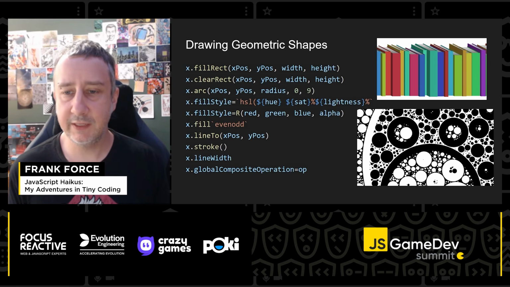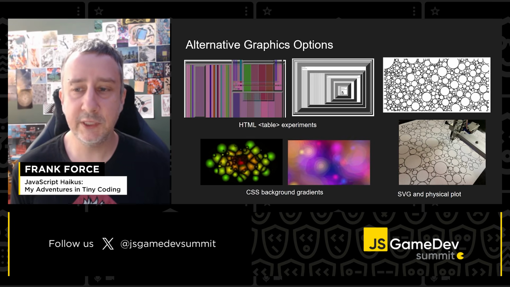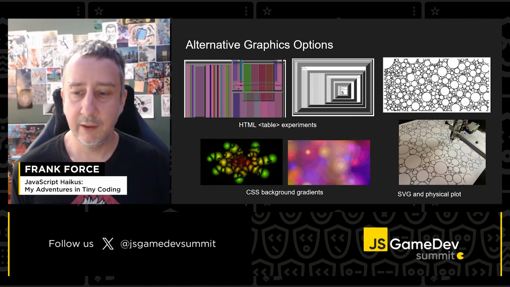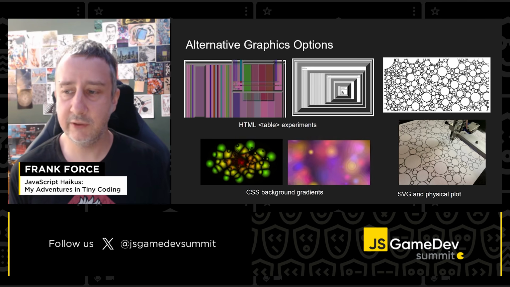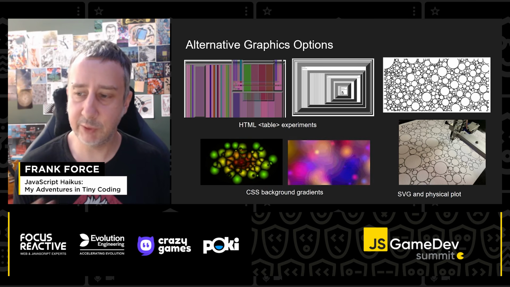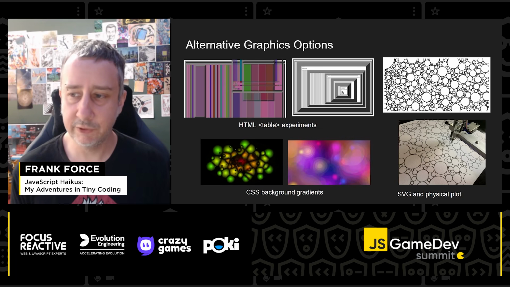And nearly everything is done using this very small set of functions. There are other options you can use for graphics, such as HTML. CSS has some neat things you can do, and even making SVGs. And I managed to plot one of my tweets that uses an SVG. It was kind of a fun experiment.